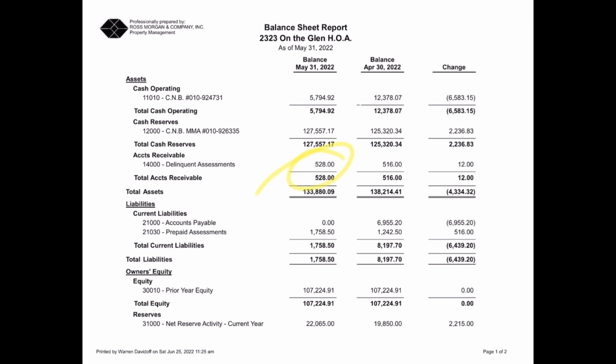The next account we see here is the delinquent assessment account. That account reflects balances owed to the association as of month end. So in this case, May 31st. So this association is operating very well. There's only $528 owed to the association, but some associations have some significant delinquencies, and we report on that.